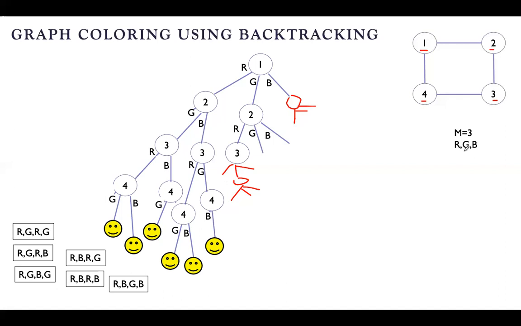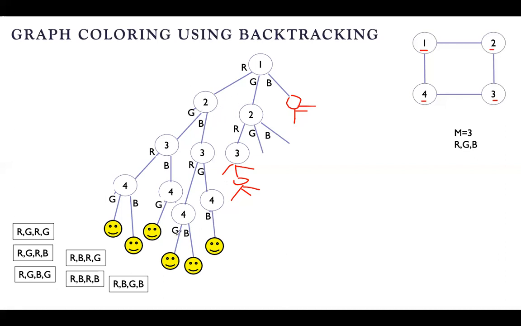You have to start with one vertex, assign one color, go down the tree. Okay, depth first search, DFS, and start assigning the colors one by one. Go till the bottom of the tree, check for all colors, come back, check for remaining colors, and again come back and check for remaining colors.